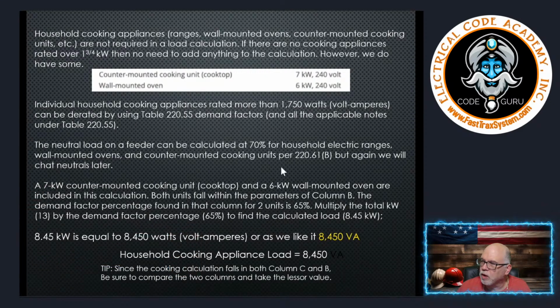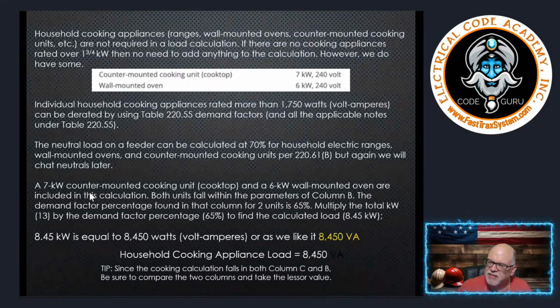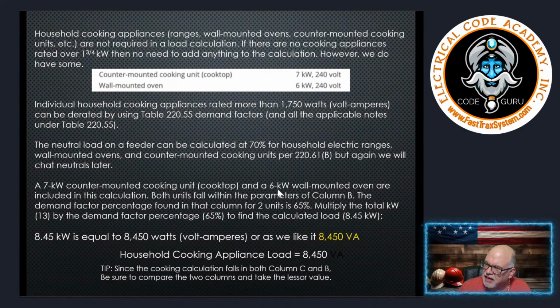All right, so we're looking right here, and we're going to look at that table in a second. We've got a 7 kW counter-mounted cooking unit, which is a cooktop, and we have a 6 kW wall-mounted oven. Kind of weird to have the cooktop greater than the oven, but it is what it is in our question.